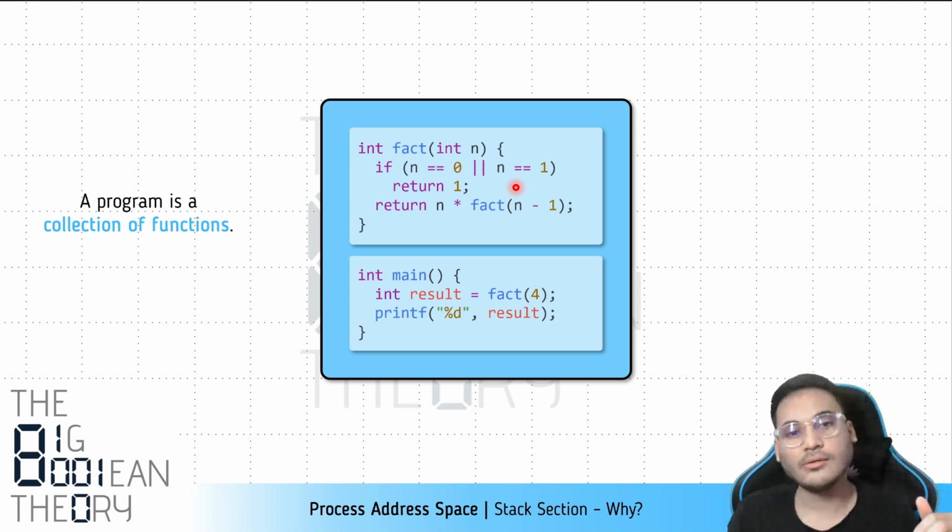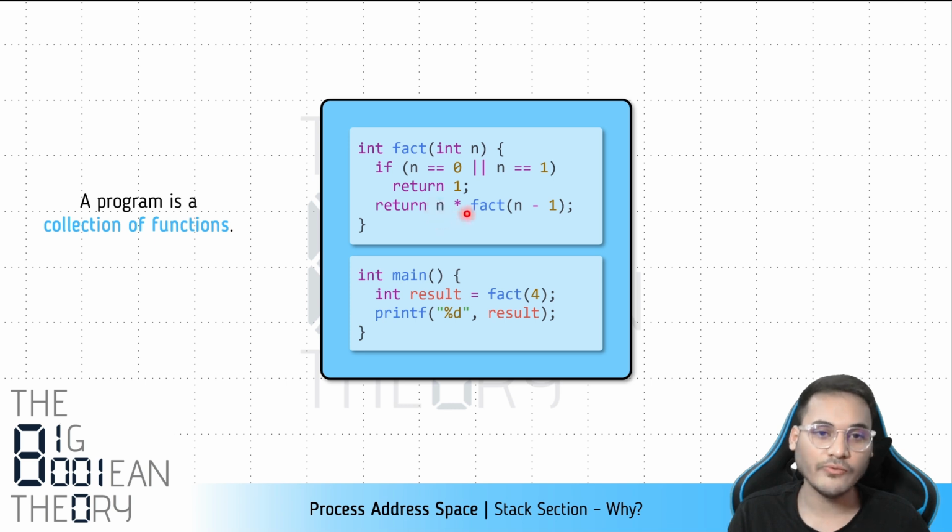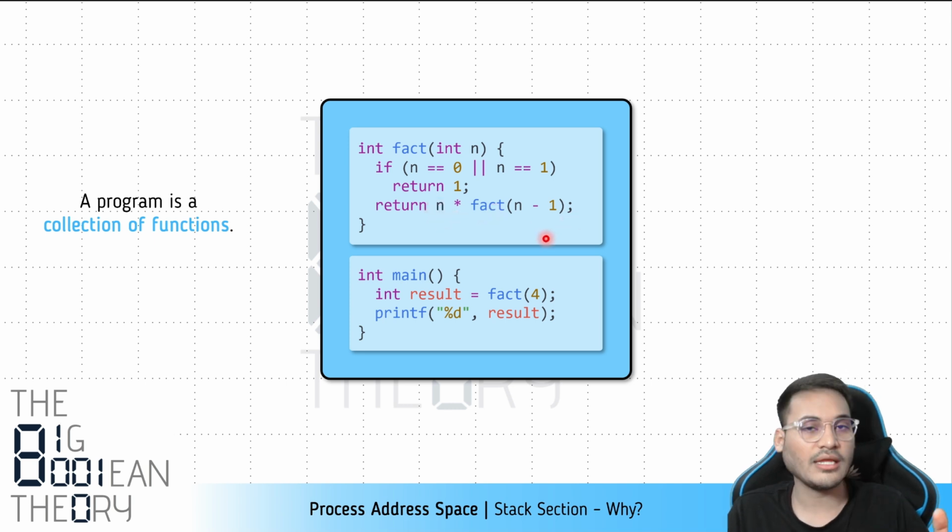But if n is greater than 1, that is 2 or more, then we use this formula: n factorial is n into factorial of n minus 1. So this is where recursion can be applied. In order to compute 4 factorial, we call fact of 4, and we can compute it as 4 into 3 factorial.